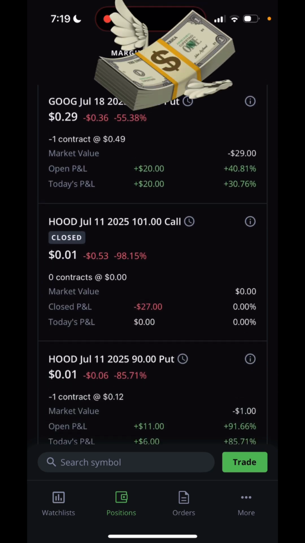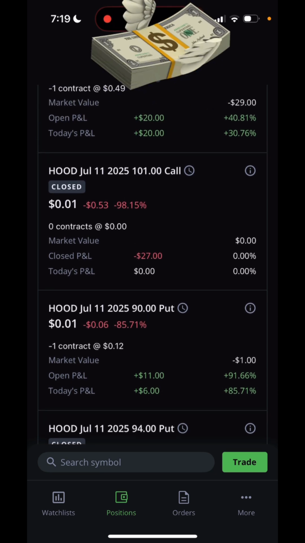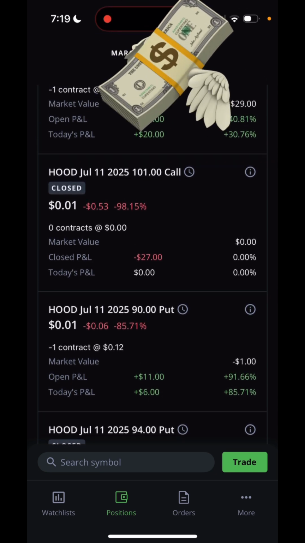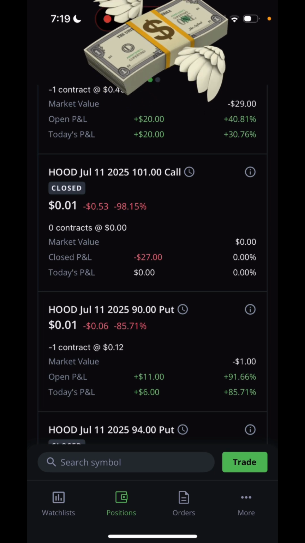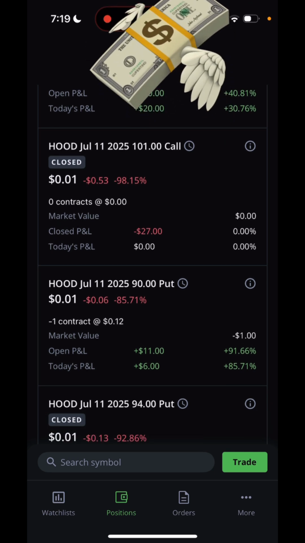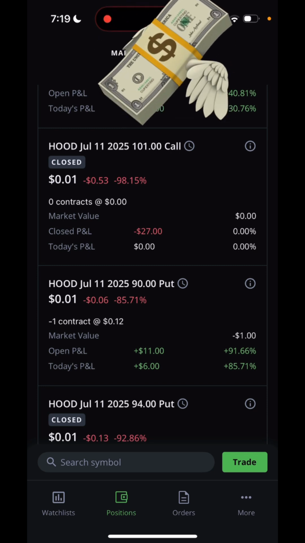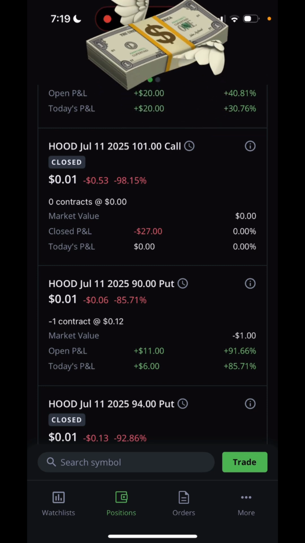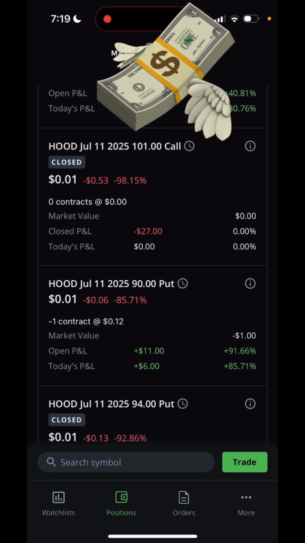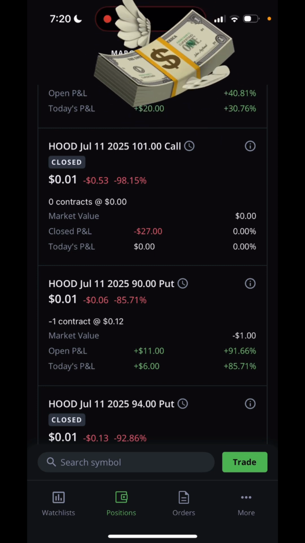So for Hood, after this week, we won't have any more open puts. We could possibly write more later, but everything's pretty much expiring. This 101 July 11th call, I wrote it yesterday, and during the day Hood went up to maybe around 101, so this was trading at a small loss.